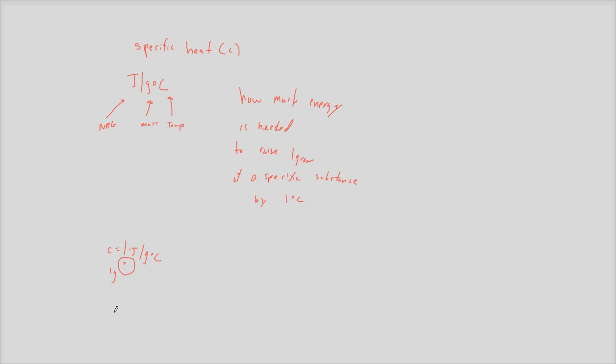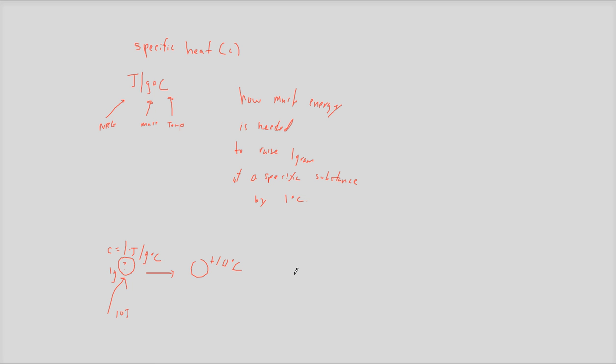And so if I added 10 joules of energy to this, and it needs 1 joule per gram, and it's 1 gram, to go up 1 degree Celsius, this thing will go up 10 degrees Celsius. Right? So the specific heat is really just telling you how expensive it is energy-wise, how much energy you have to invest in it to get it to increase in temperature. So if I put in 10 joules and it needs just 1 joule for 1 gram to go up by 1 degree Celsius, I'll get 10 degrees Celsius.